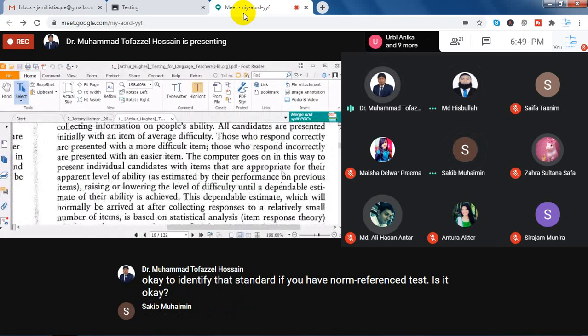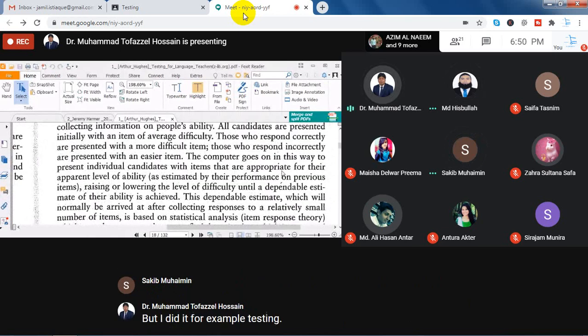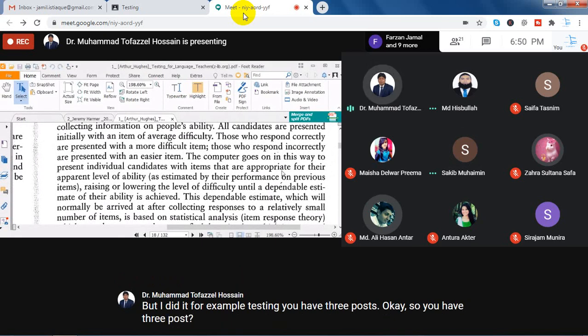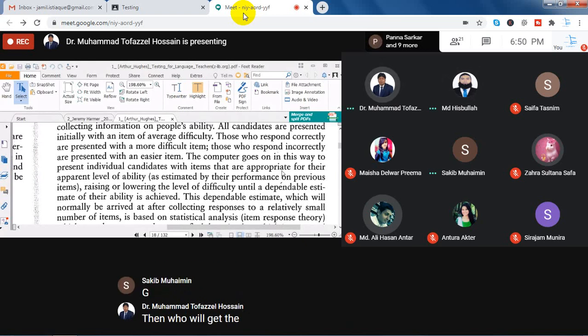But for example, in candidate testing, you have 3 posts. Okay, so you have 3 posts and you may have, for example, 1,000 candidates. Then who will get the job?